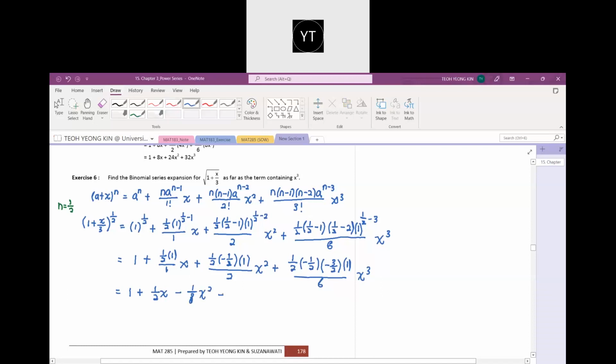Whereas for this part, plus 1 over 2 times negative 1 over 2 times negative 3 over 2, divided by 6, I get 1 over 16 x cubed. So here is what we get for this binomial expansion.